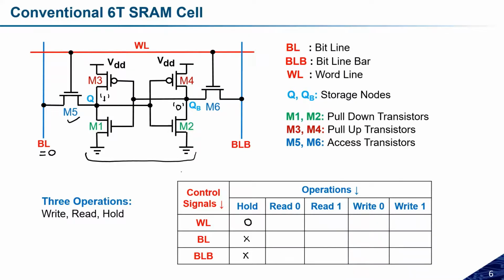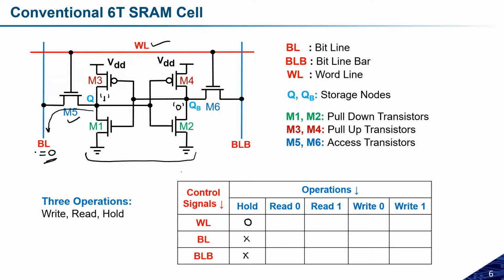This bit line 0 will respond because I have connected it to 0, so whatever charge is over here at Q will be discharged through this bit line, because there will be a potential difference. So if I activate this word line and make the bit line equal to 0, then because initially it was 1, I need to discharge it, and that will be discharged through the bit line.